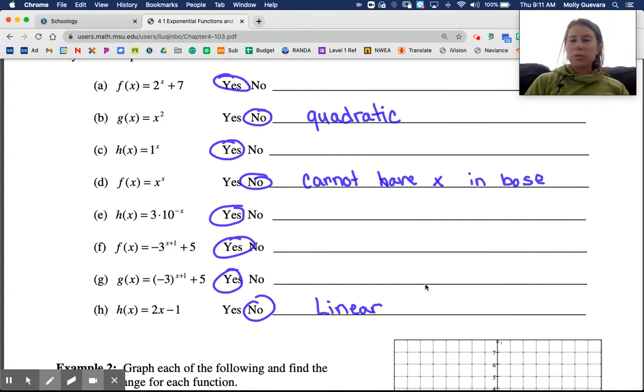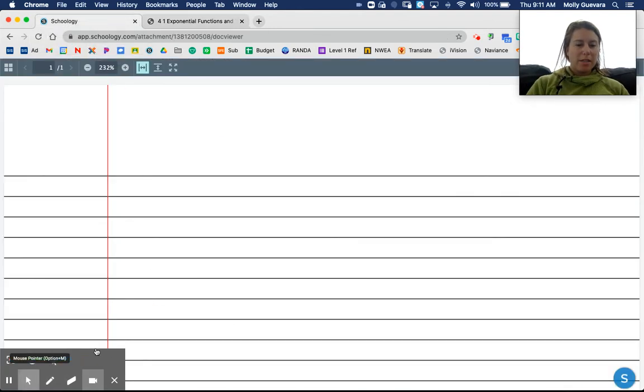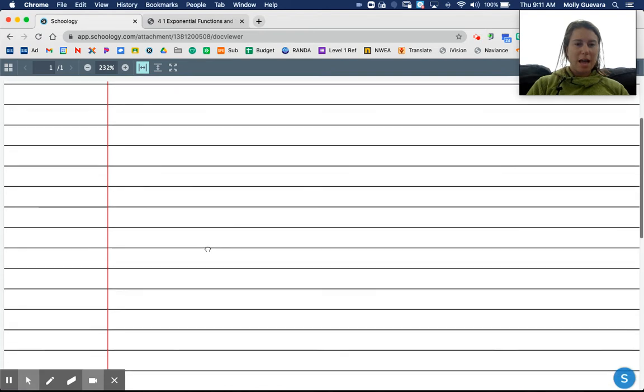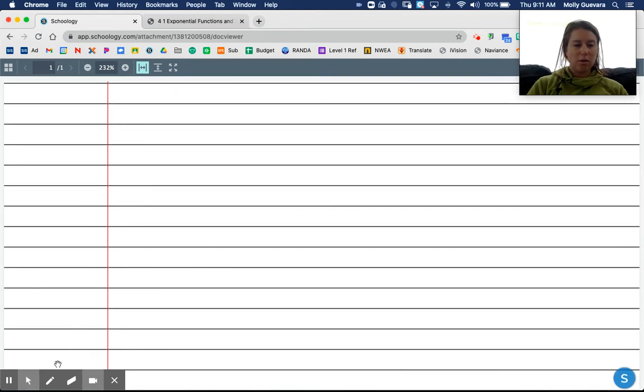So we're going to look at the graphs of an exponential function. We're going to go back into our notebook here. What makes the graphs hard is that it depends on the base.